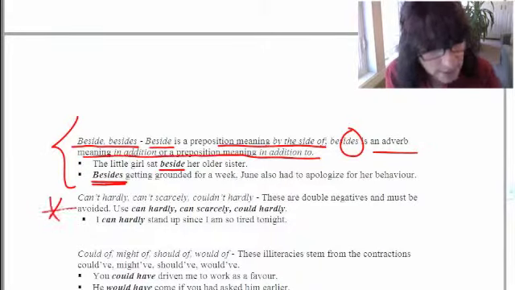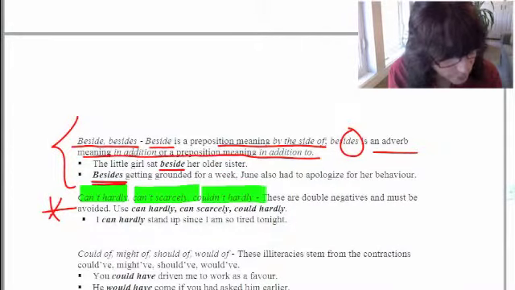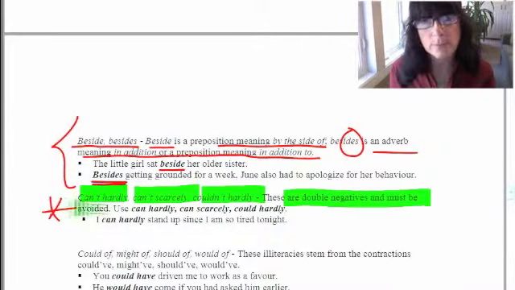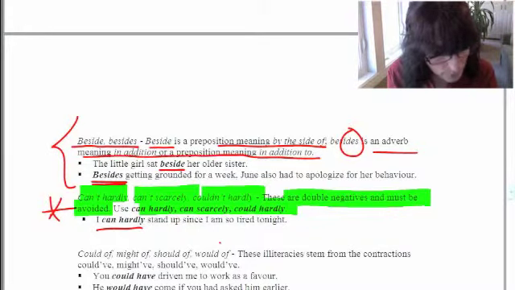This next one is a very common error. Can't hardly, can't scarcely, couldn't hardly. They're called double negatives, and you must avoid them. You cannot have double negatives. So instead, what you should say is I can hardly, can scarcely, or could hardly. And I've written a sentence for you. I can hardly stand up since I'm so tired tonight.